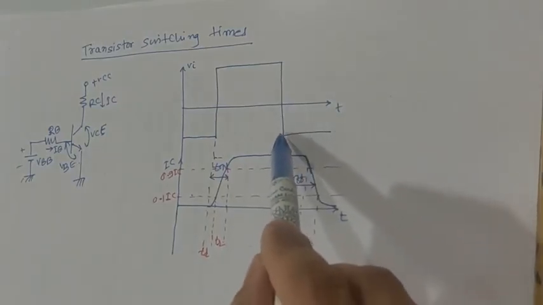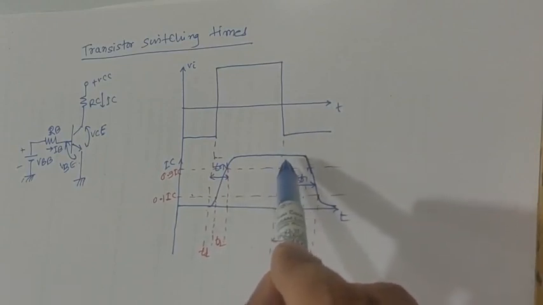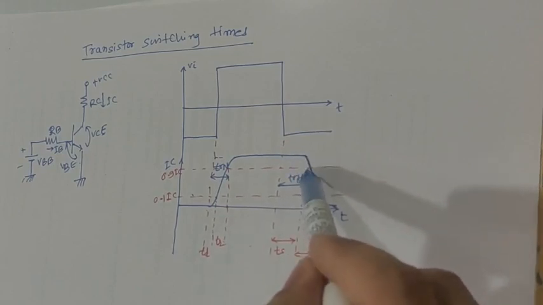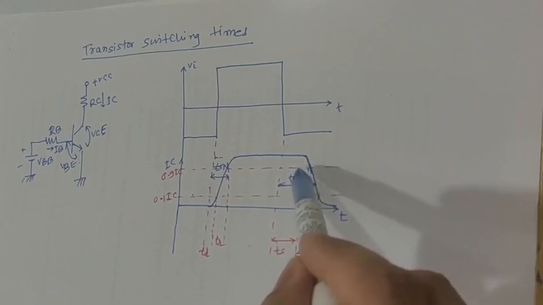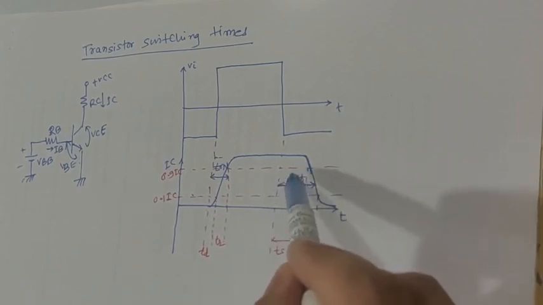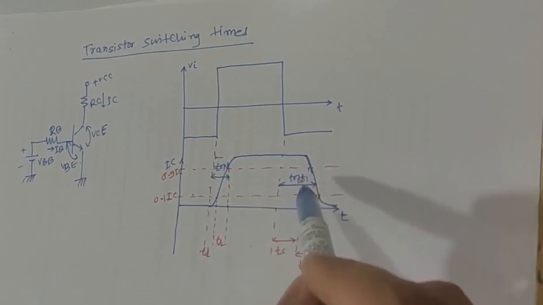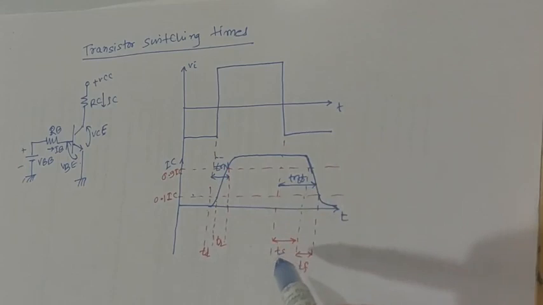So the time from the point where the input starts going negative to the point where the output waveform of collector current falls from its maximum value to 90% is called the storage time. It will be called the storage time.